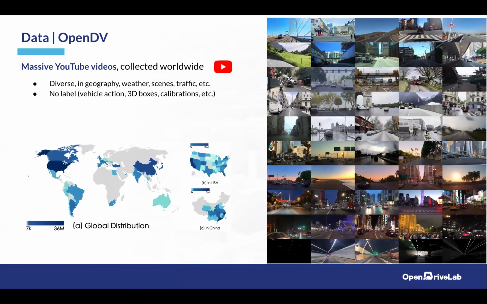Basically, we collect data from YouTube, similar to how large language models collect data from websites. The dataset features very diverse geography and weather. We do not have labels for it, so we have to find a self-supervised way to learn the world model.